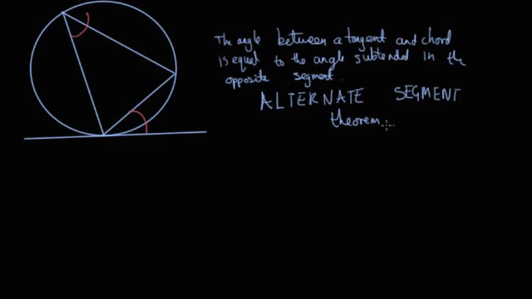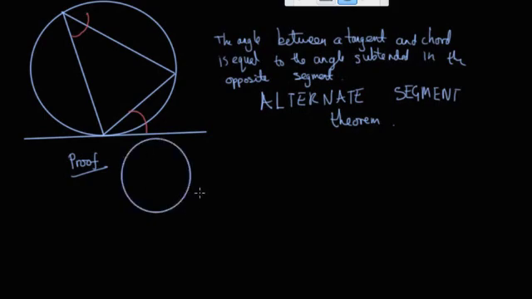So, the proof. Let's draw another wee diagram, because sometimes when you want to prove something in mathematics, you look at a special case, and then from that special case you can generalise to all cases, and that's exactly what we're going to do here.